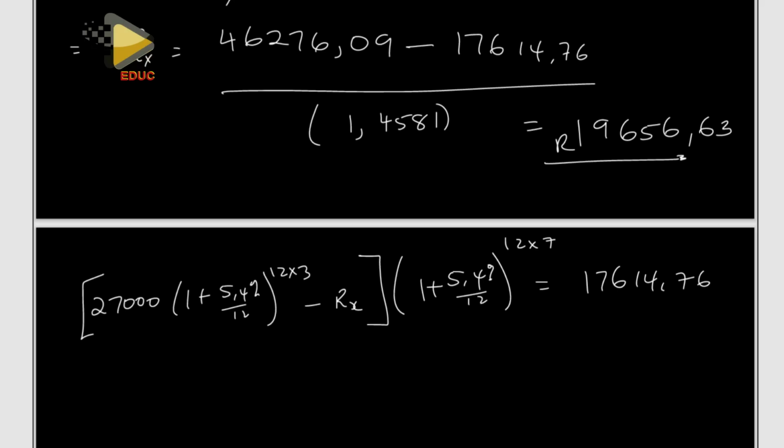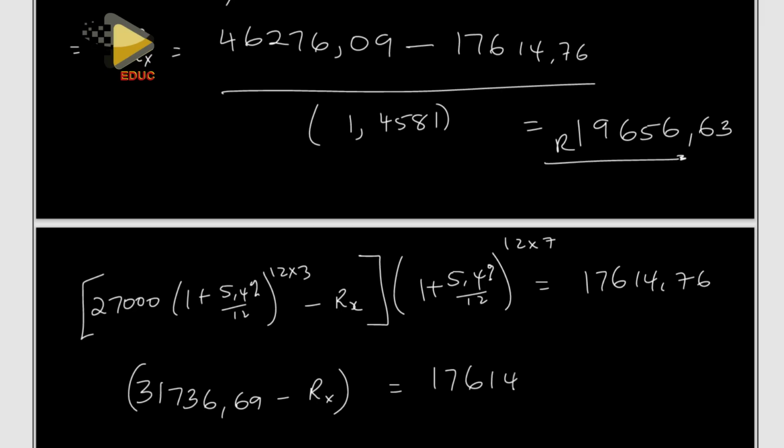So 27,000 into 1 plus 5.4% over 12 to the exponent of 12 times 3. I'm getting 31736.69. I'm subtracting Rx. But why can't I just divide both sides by this thing?